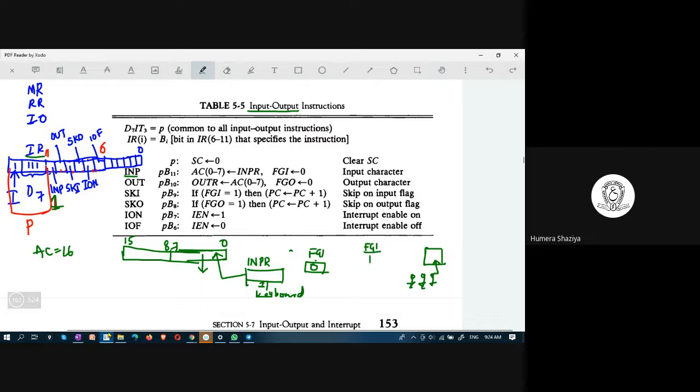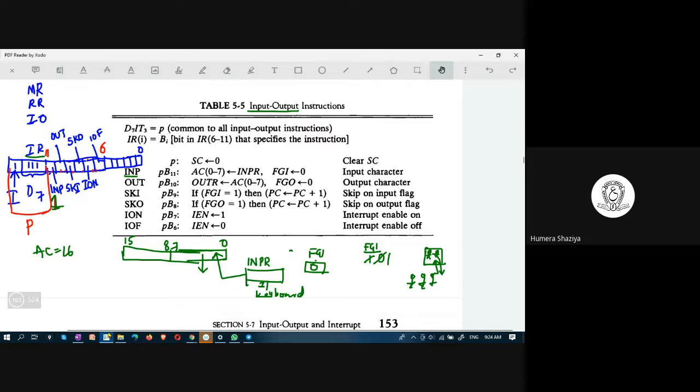To indicate that the doctor is with the patient. Once the patient is out, it is set to 0. 0 means there is no one inside the doctor's cabin, so another patient can enter. When another patient enters, again it is set to 1 to indicate that the patient is consulting the doctor. Another patient should wait.